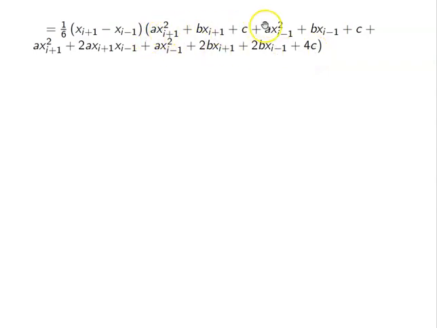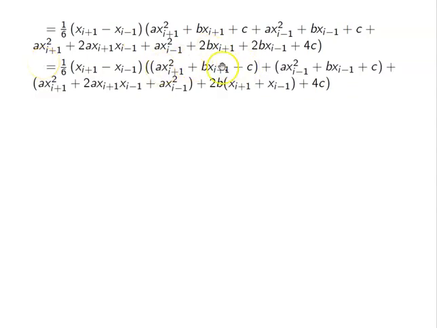So this first one is a parabola evaluated at I plus 1. The second one is our parabola evaluated at I minus 1. Okay, and then this one right here, this one squared, is nothing for us yet. So we put these together.